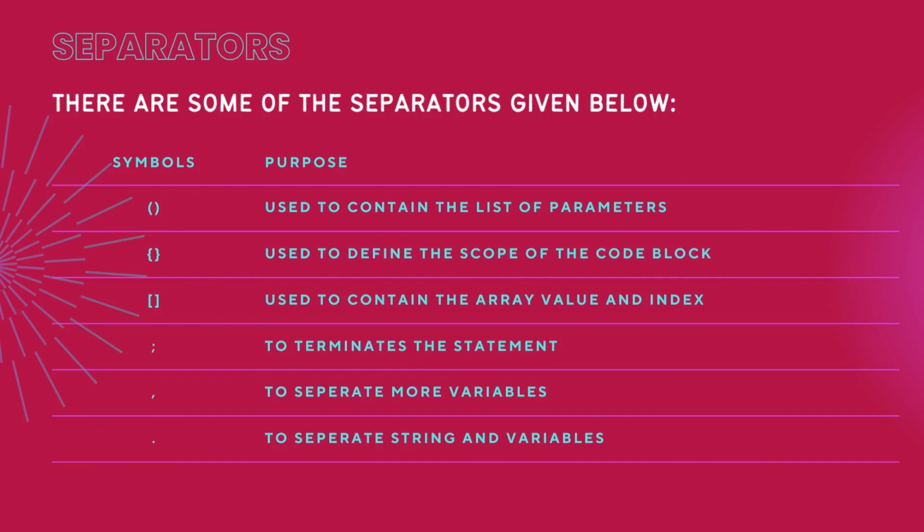It is used to terminate statements. The fifth is comma. The comma is used to separate consecutive identifiers in a variable declaration, also used to chain statements together inside a for loop. The sixth is period. It is used to separate package names from subpackages and classes, also used to separate a variable or method from a reference variable.